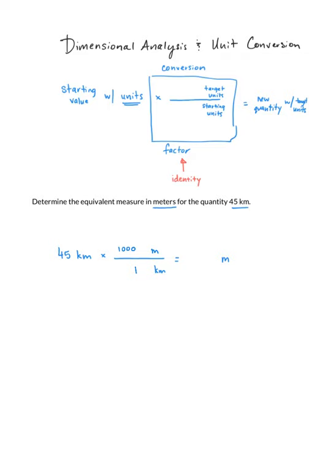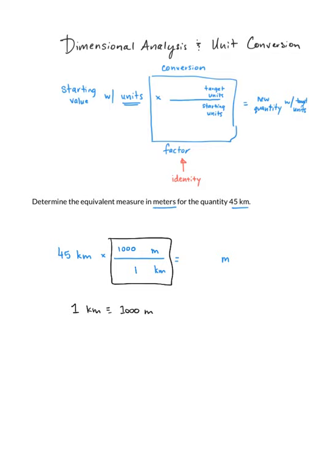This is an identity that relates these two things. Because we said earlier that 1 kilometer is the exact same thing as 1,000 or 10 to the 3 meters, then I can just convert this into a fraction by dividing both sides by 1 kilometer. And I get this conversion factor up here.